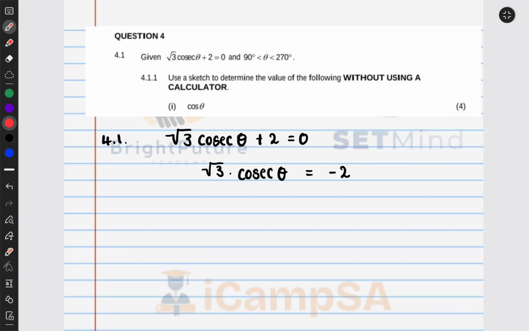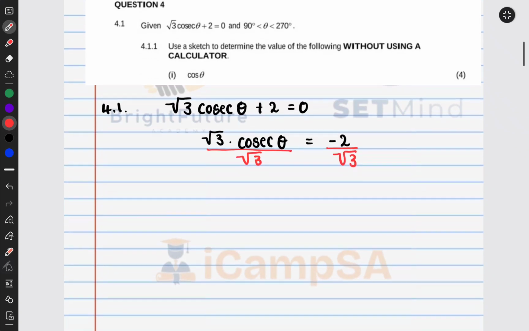We divide by root 3 on both sides. So we're going to have cosec theta being equal to negative 2 over root 3.